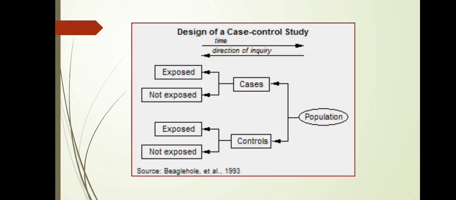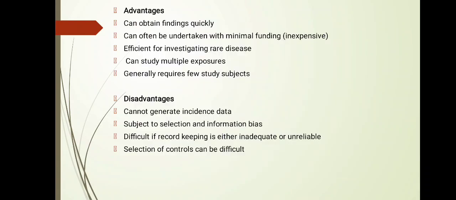Then the design of case-control studies: exposed and non-exposed cases and controls populations. Advantages: can obtain findings quickly, can often be undertaken with minimal funding, fitting for investigating rare diseases, can study multiple exposures, generally require few study subjects.